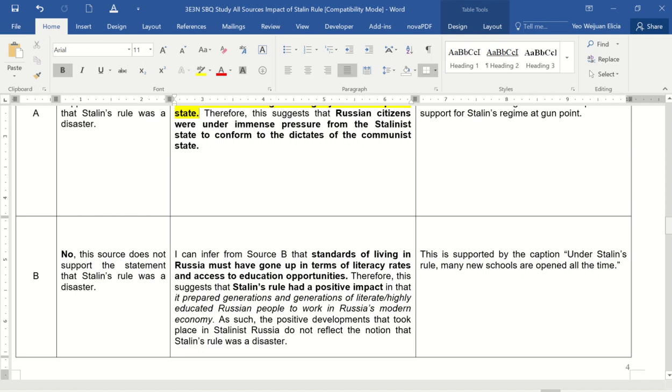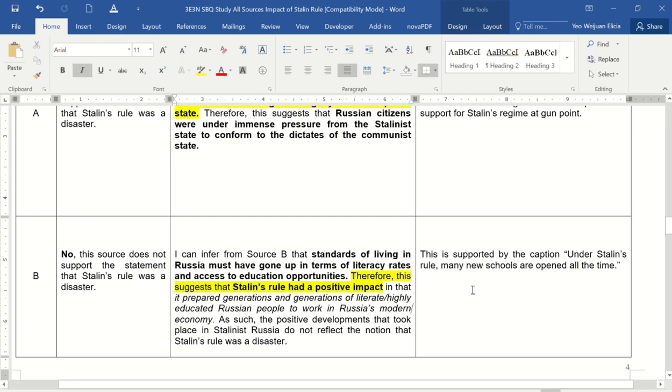I can infer that standards of living must have gone up, in terms of literacy rates and access to education opportunities. Therefore, this suggests that Stalin's rule had a positive impact. So that extra line, when it does not support, you must then tell me how or what the source does.